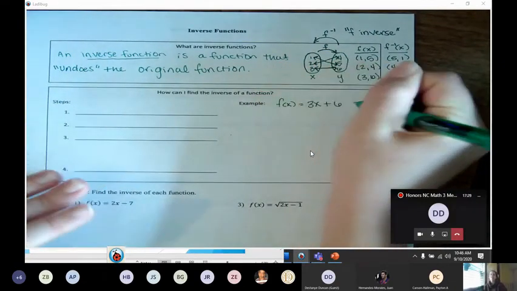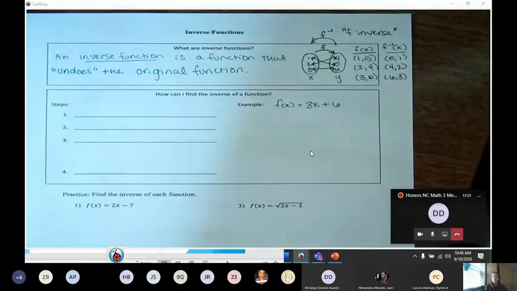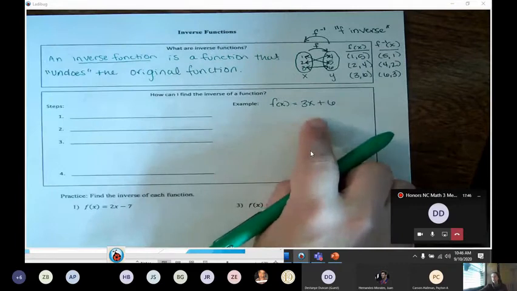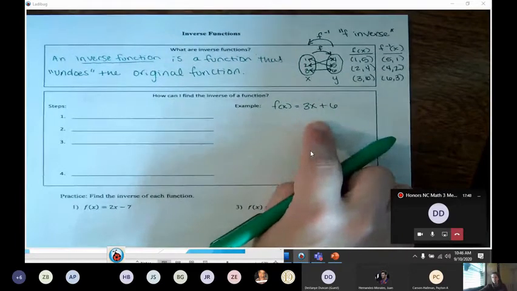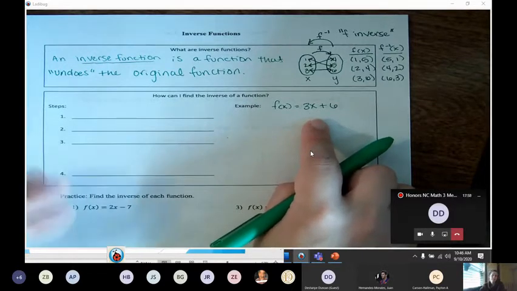So we're taking that given function. We're going to talk about how to find the inverse of that given function. Okay, so up top is like the definition, the basic mechanics of what it's doing behind the scenes. Now we're going to talk about how to find an inverse function. Okay, so make sure you have this example written down, and we're going to go through the steps for converting this to an inverse function.